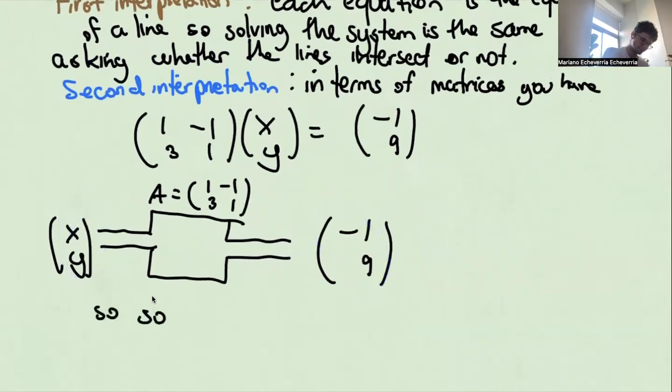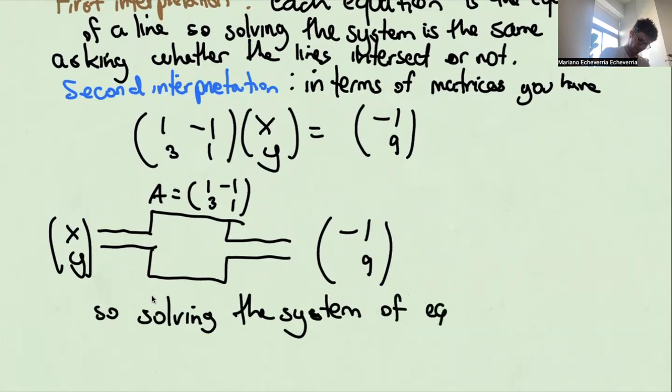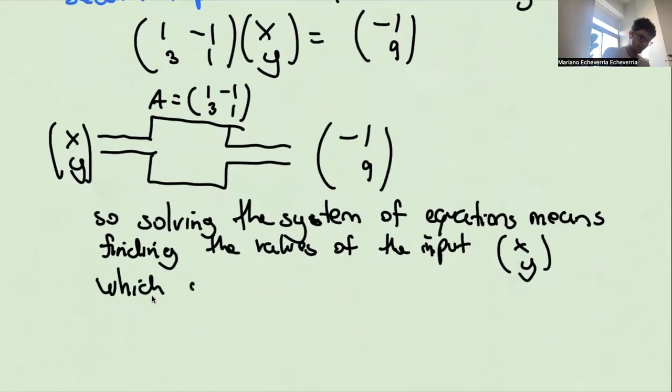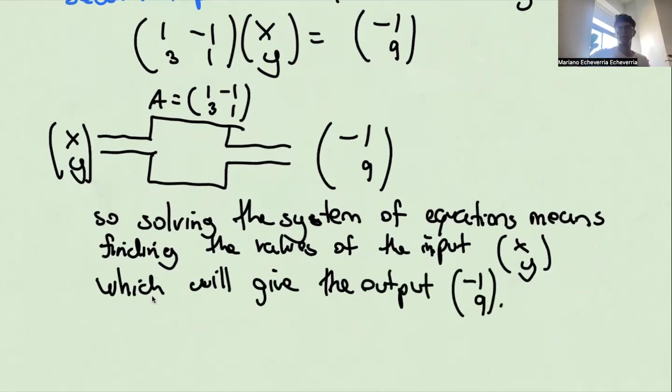So solving the system means finding the values of the input x, y which will give the output (-1, 9). It's an input-output type of thing where you're given a certain output and you're trying to find the input.